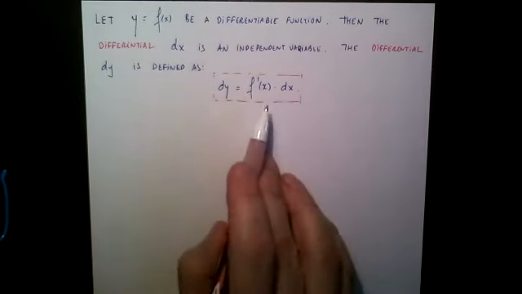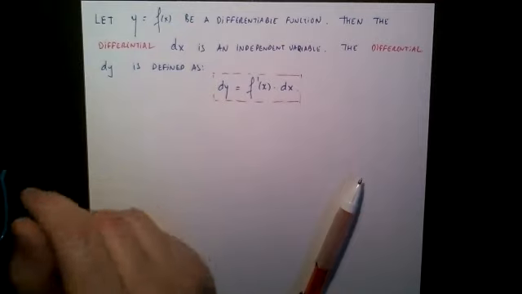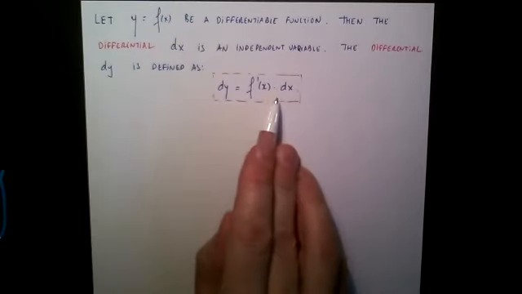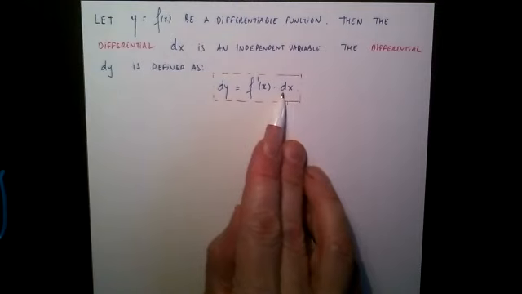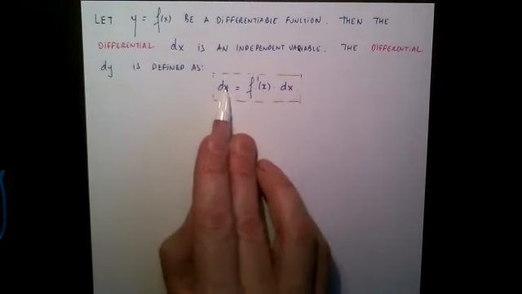Okay, so let me finish writing and I'm going to explain to you. Okay, so this means if I increase my x by something very, very, very small, by how much does the y increase?